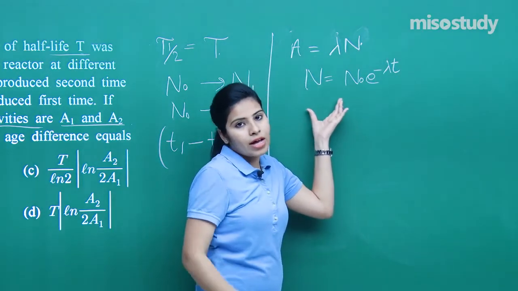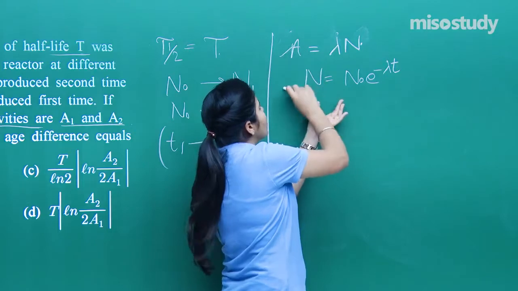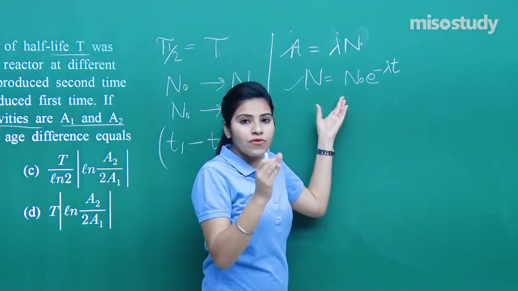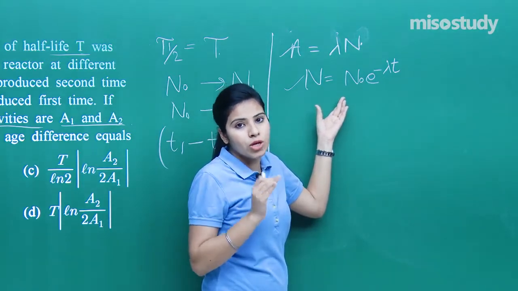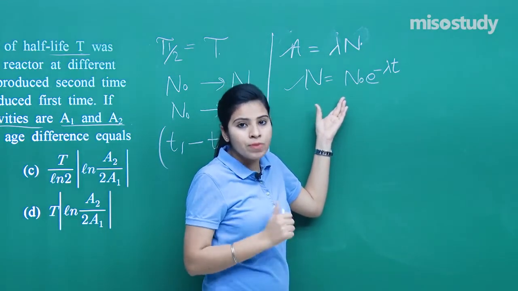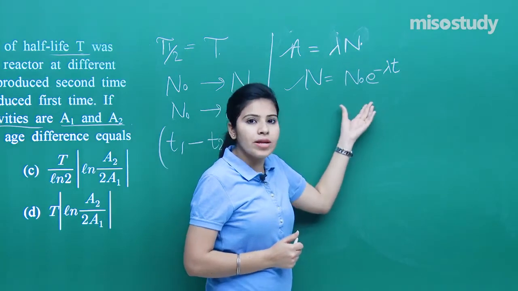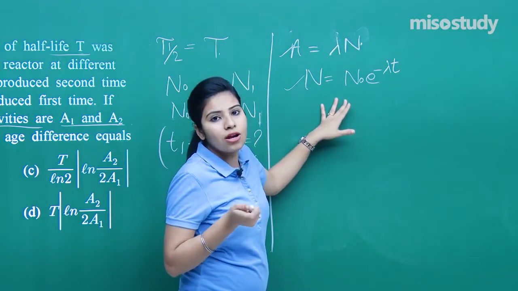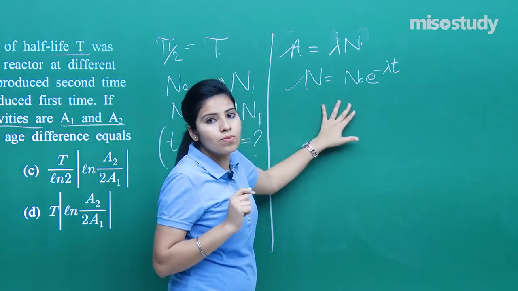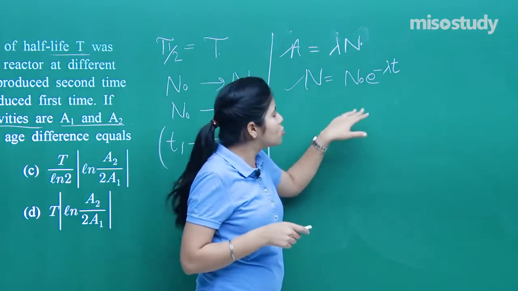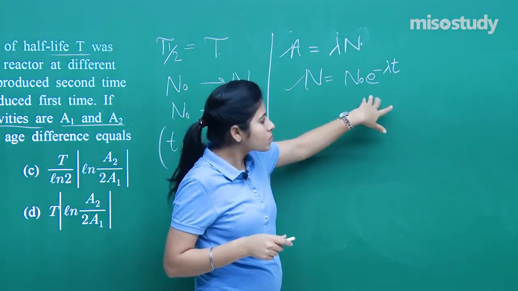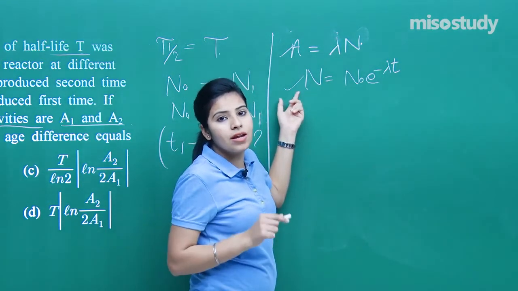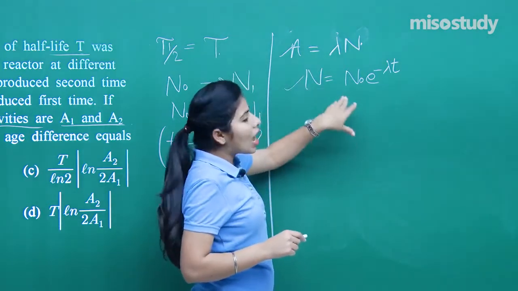I hope you are all familiar with these two formulas. If you are clear with the concept of the chapter nuclei, it is 100% sure you will be familiar with them. This is nothing but the radioactive decay law, dN by dt equals minus lambda N. N naught is the initial number of atoms, N is the final number of atoms.